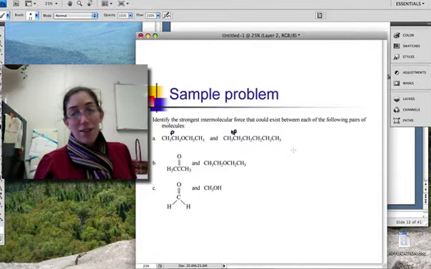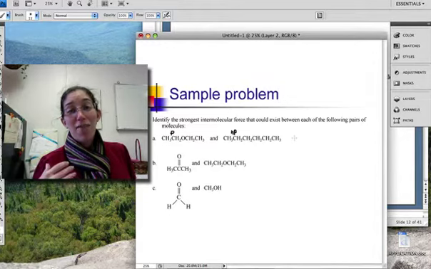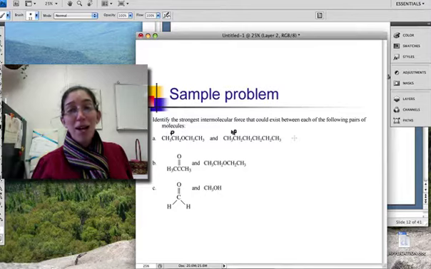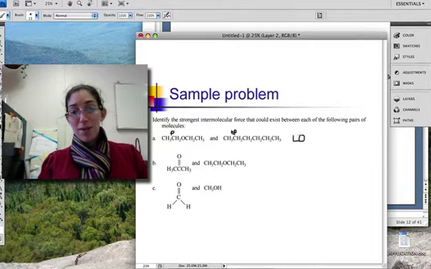No, they cannot. All right? If they can't have dipole-dipole attractions, can they have hydrogen bonding? No, they can't, because hydrogen bonding is a type of dipole-dipole attraction. So the strongest force that could exist between these two are London forces. It's the only force that can exist between them.